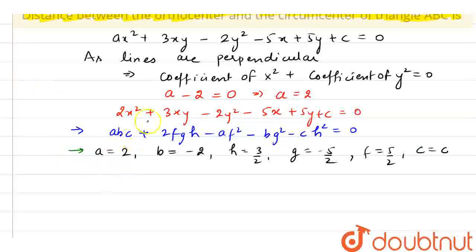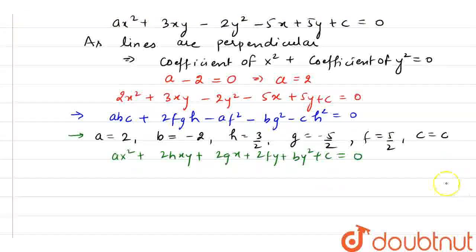Because our standard equation looks like this: ax square plus 2hxy plus by square plus 2gx plus 2fy plus c equals to 0. This is the standard equation, right? Now in comparison you can get all the values. If you put all the values in my equation number 1 here, then you can say that the value of c will be minus 3.